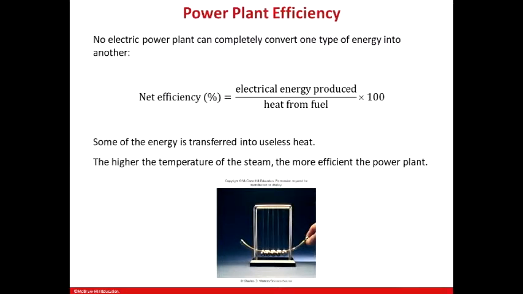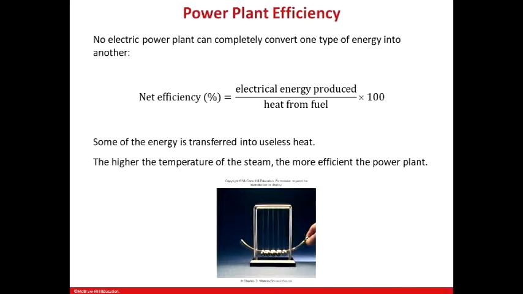Power plant efficiency. As it turns out, we can measure the efficiency of a power plant, but no electric power plant can completely convert one type of energy into another. There are losses at each stage, from here to here, to each step in this process, we lose some energy. And it's calculated by what's called the net efficiency.